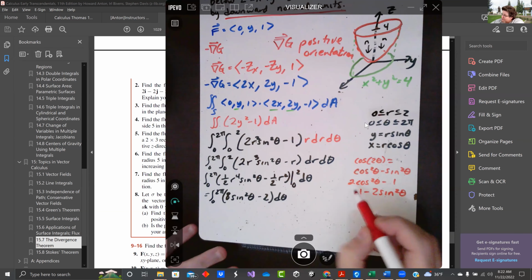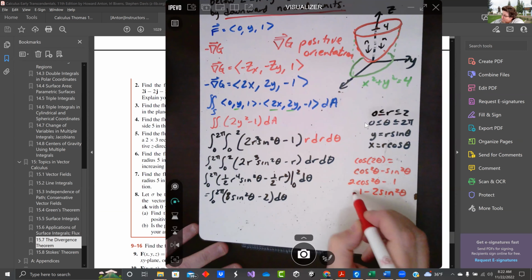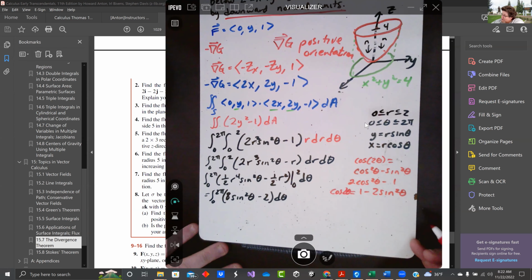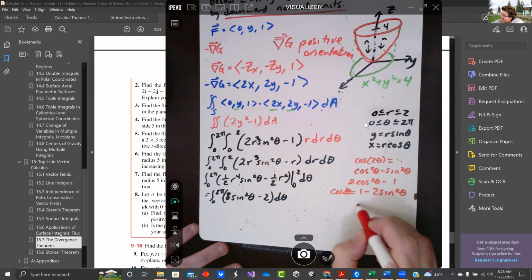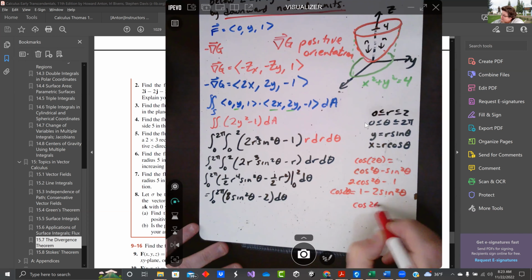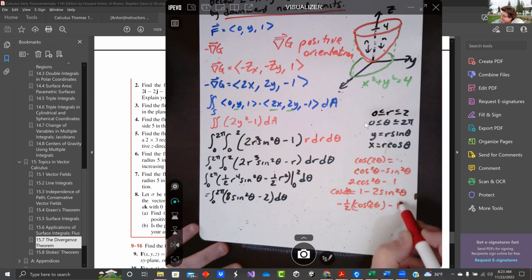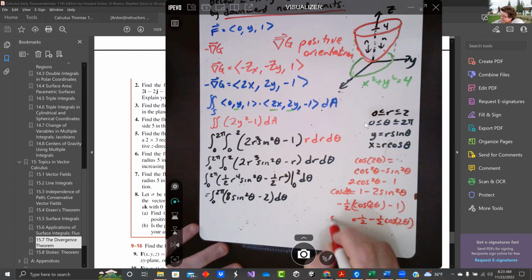That last one's looking like the one I want to use. So I need to get 2 sine squared theta by itself. I'll subtract the 1 over, and then multiply by -1/2. Which means 1/2 minus 1/2 cosine 2 theta. That's what sine squared equals.